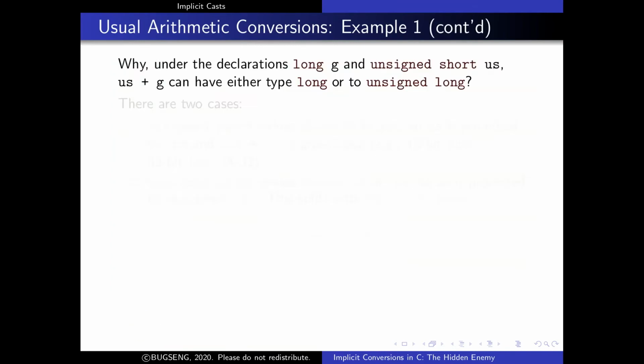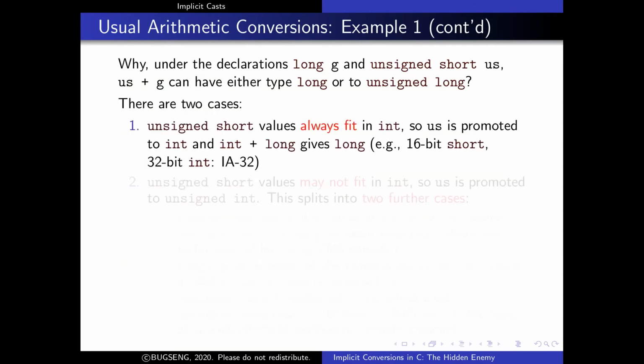So why, under the declarations long G and unsigned short US, can US plus G either have type long or unsigned long? There are two cases. The first case is that unsigned short values always fit in int.